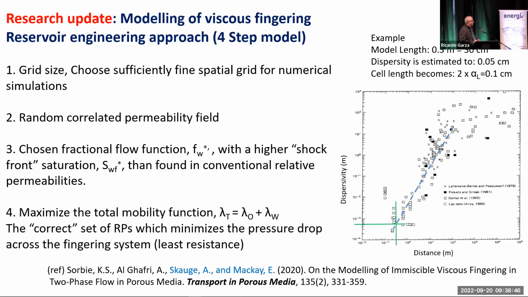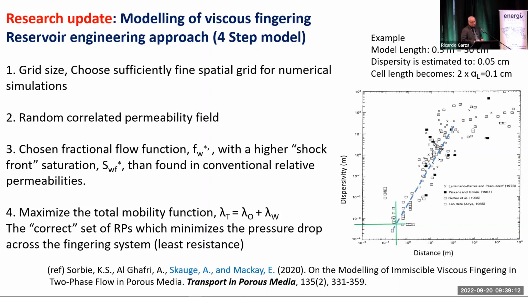And you see on your right hand side, we are looking at the dispersivity against length scale. So any length scale is characterized with a dispersivity, and the example here is shown by a 1 foot model. Then the dispersivity calculated from this type of correlation would give us 0.05 centimeter.